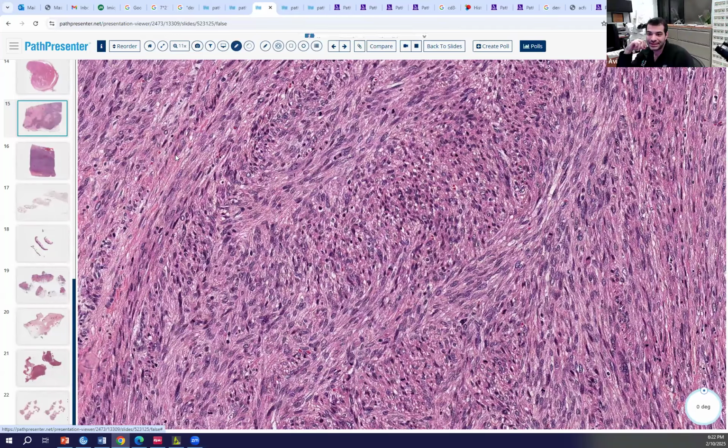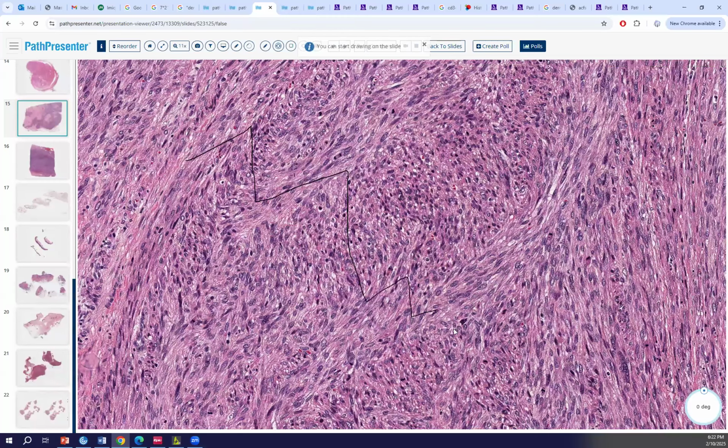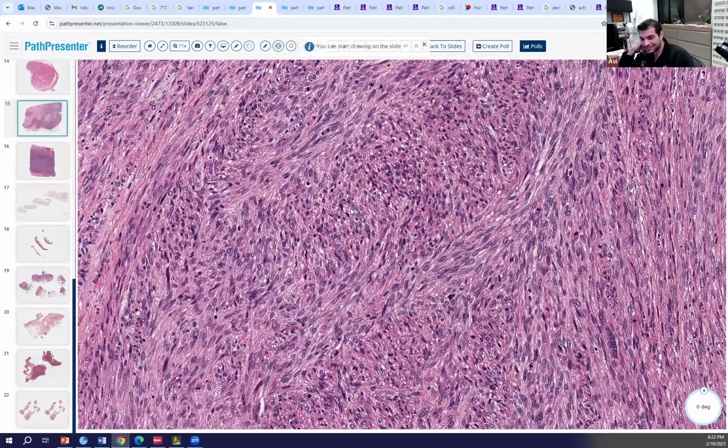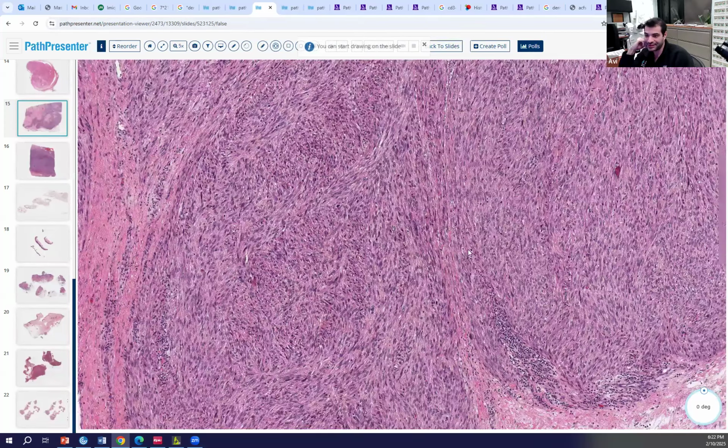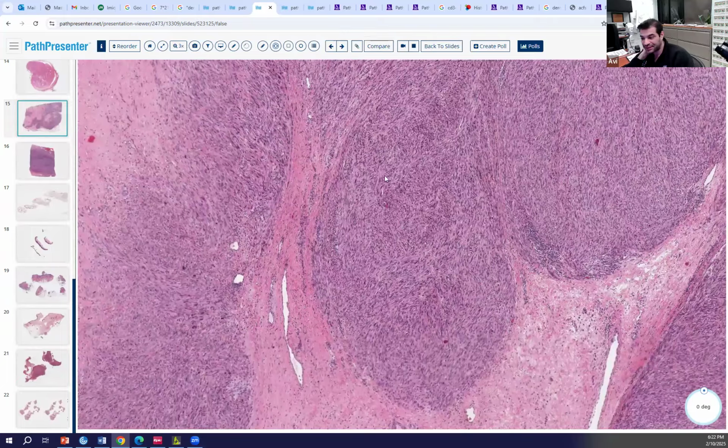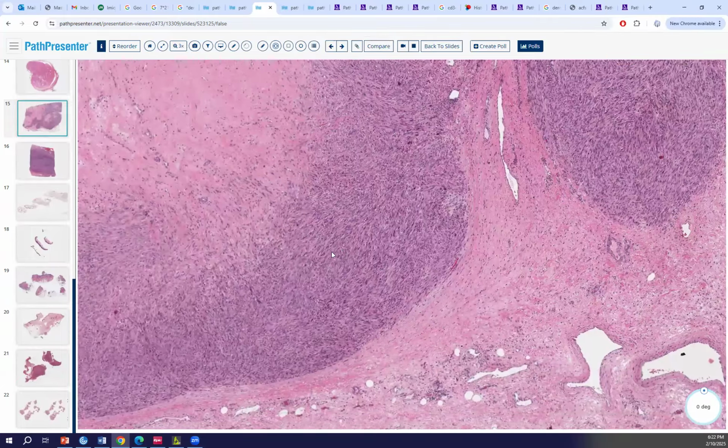What is this kind of growth pattern? I'm drawing it. Herringbone. Fibrosarcomatous, our old friend. What's our differential for fibrosarcomatous growth patterns like herringbone?